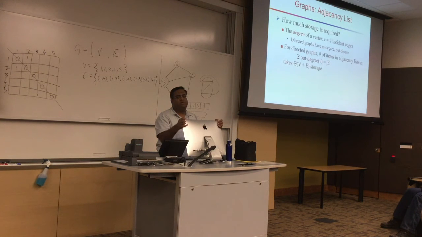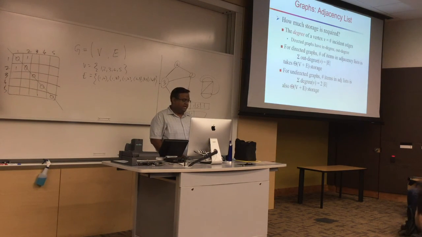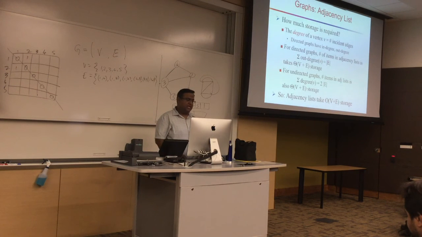So V squared versus V plus E. V plus E is still better because it's not V times E. It's V plus E, and so better. Now, that's why this works so much better for a sparse graph. For undirected, 2 times E, and so still it is the order, or basically theta, of V plus E. So in adjacency list, irrespective of whether it's directed or undirected, it takes theta V plus E storage.